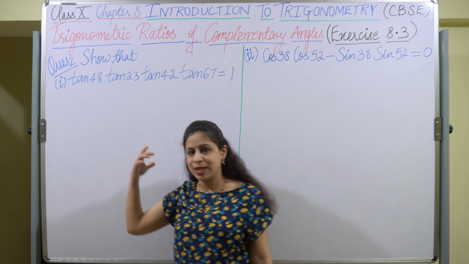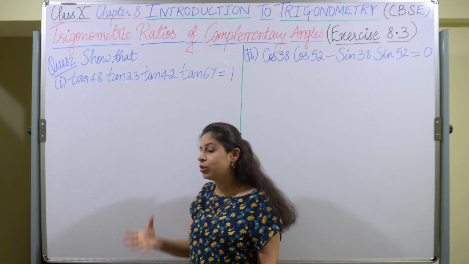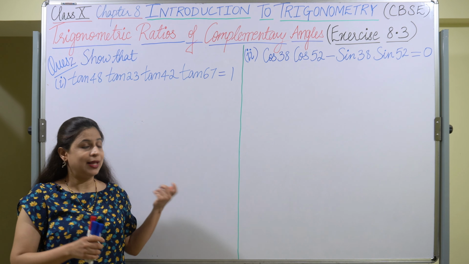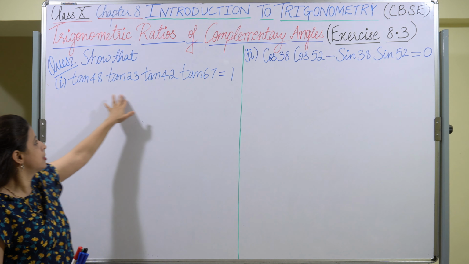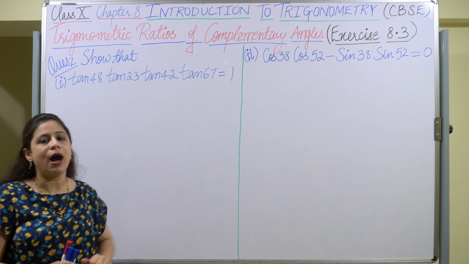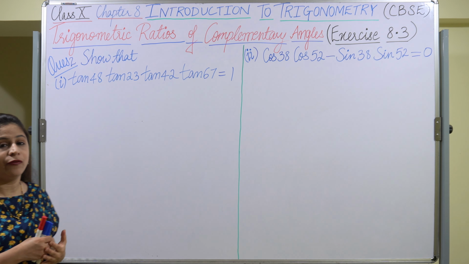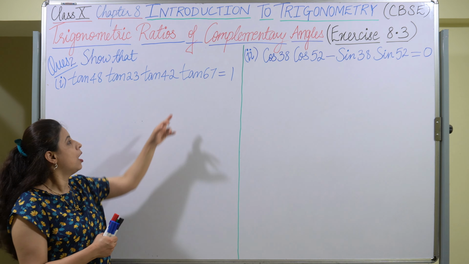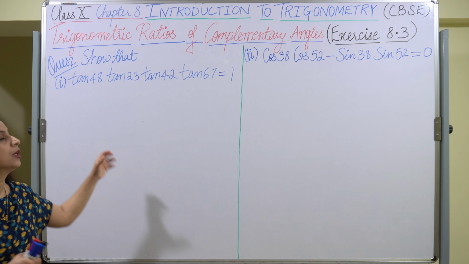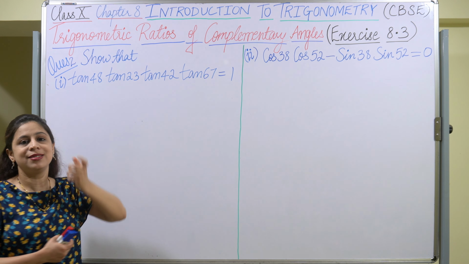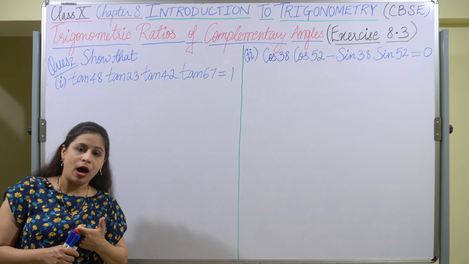Question 2 has two parts, and in both parts we need to prove that LHS is equal to RHS. We will take the LHS and prove that its value is equal to 1, that is equal to RHS.